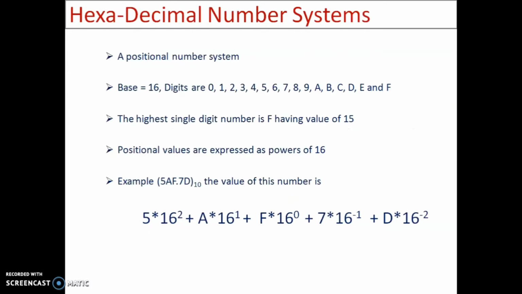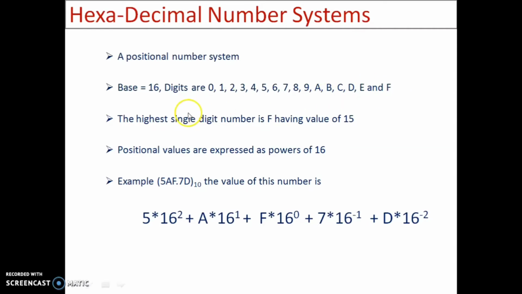Last, the hexadecimal number system, is also a positional number system. It has digits 0 to 9. After 9, it has symbols, that is A, B, C, D, E, F, with A representing 10, B 11, C 12, D 13, E 14 and F 15 respectively.